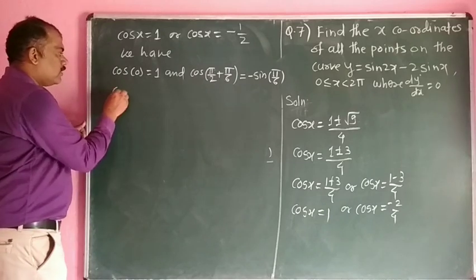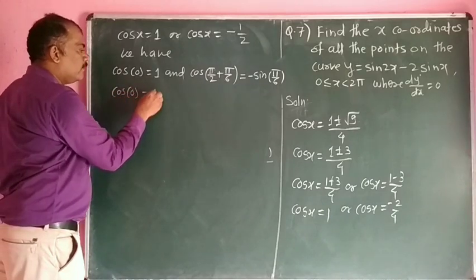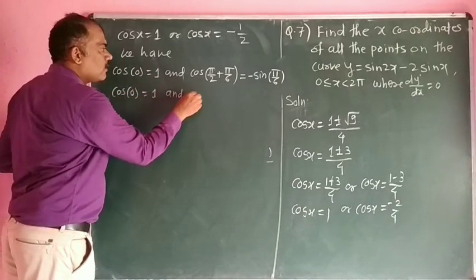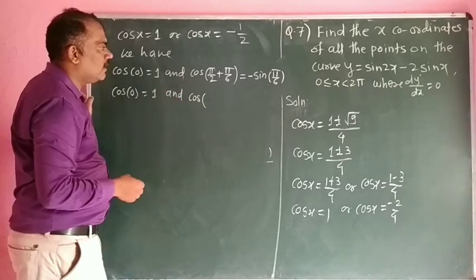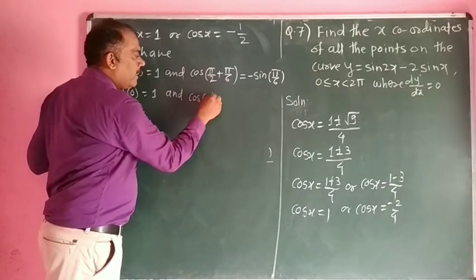So cos of 0 is equal to 1, and cos of, how much is this one? That is 4 pi by 6.